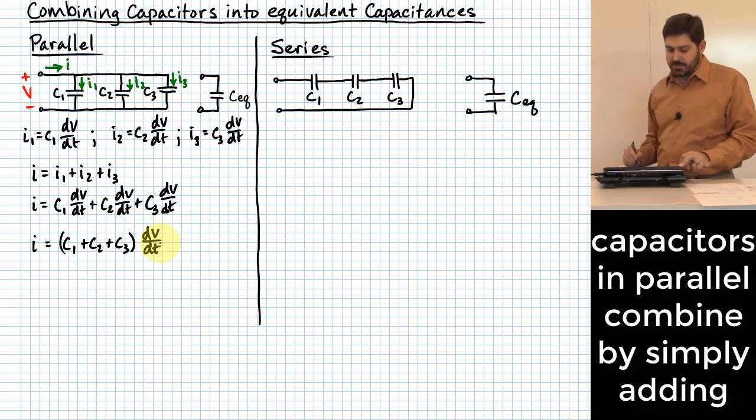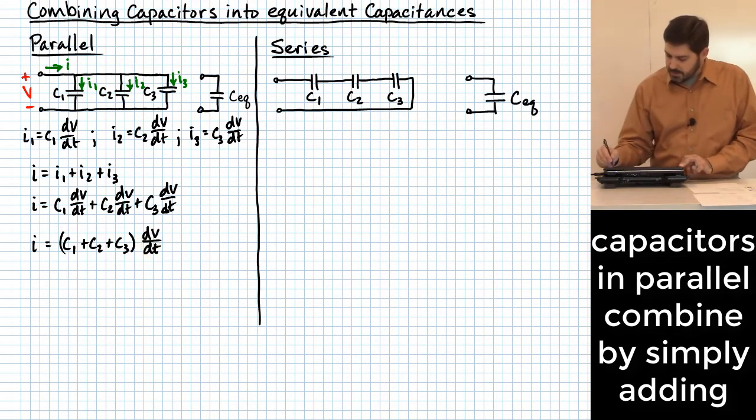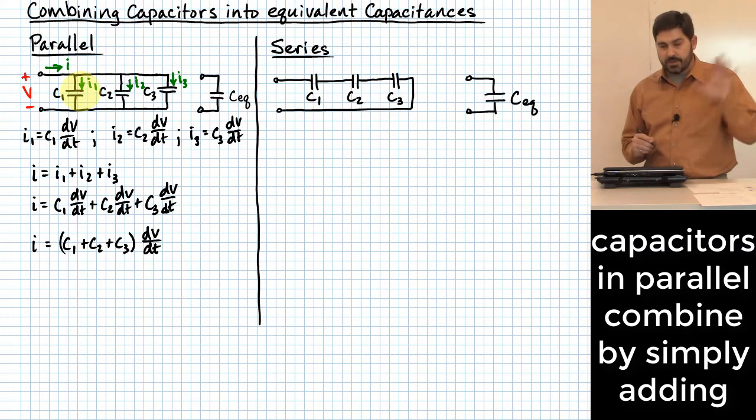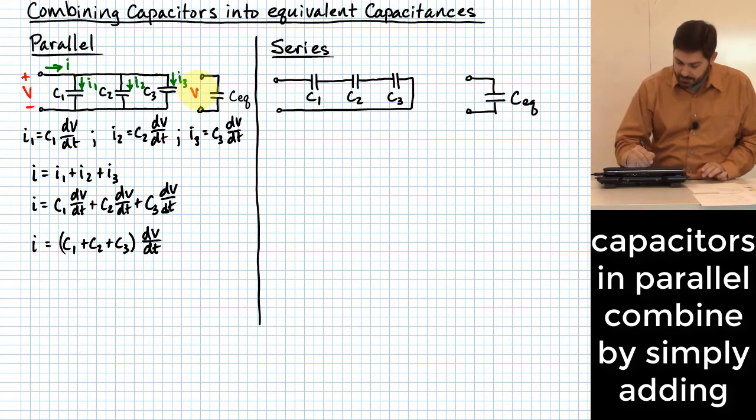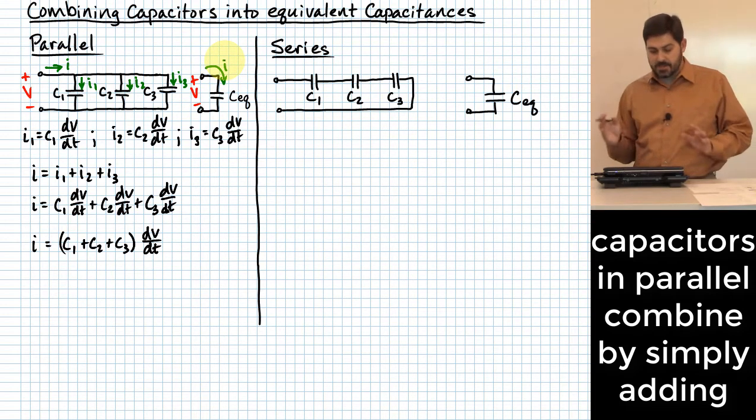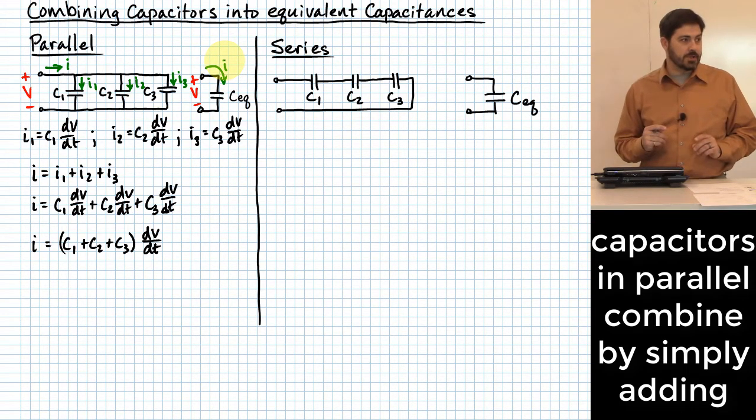Now here's my question. This circuit on the left has to have the same voltage and current relationship as the circuit over here on the right. If I put V and I, its behavior has to be exactly the same as the original if they're going to be equivalent.